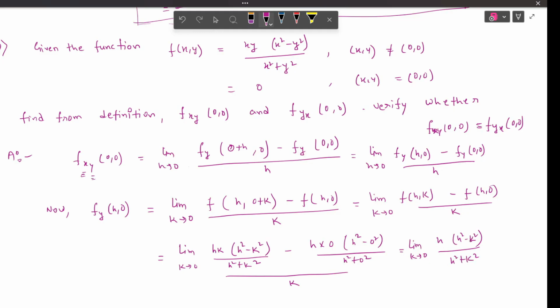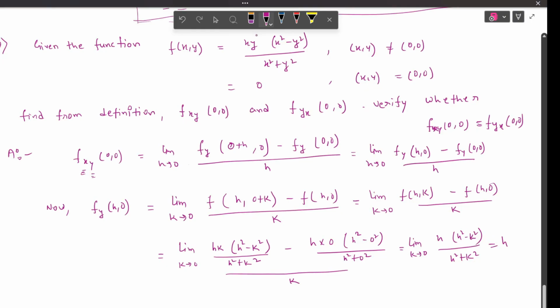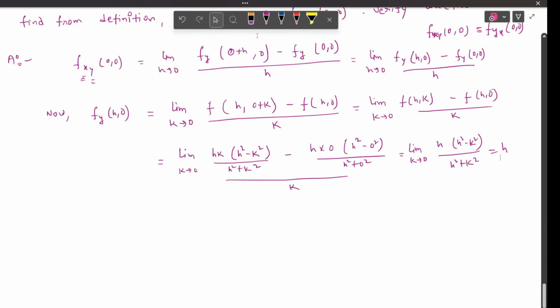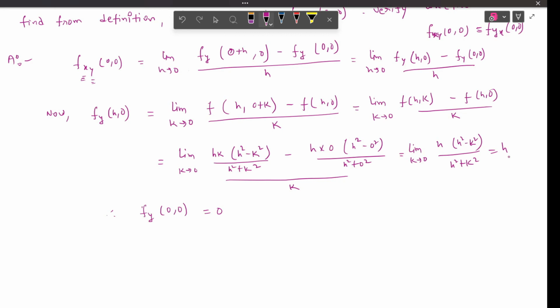And if you put 0 in place of k, h square will cancel out, you will get only h, right? So we can say that fy(0, 0), that means in place of h if we put 0, then it should come 0 because here h is 0.